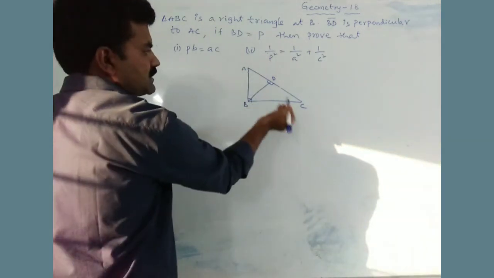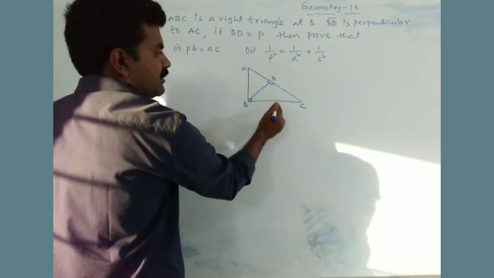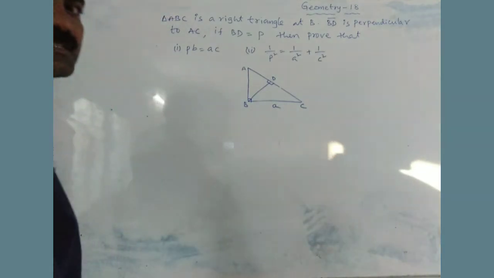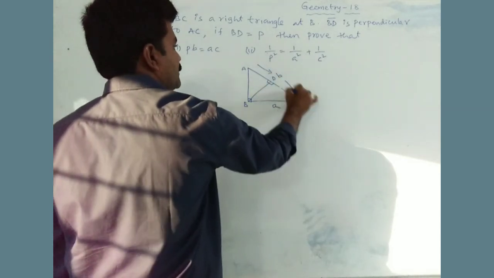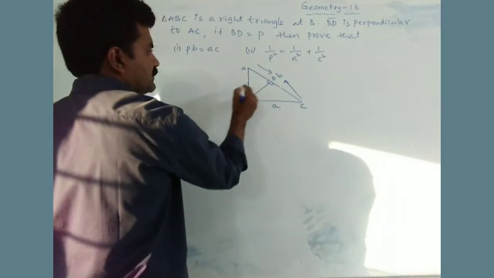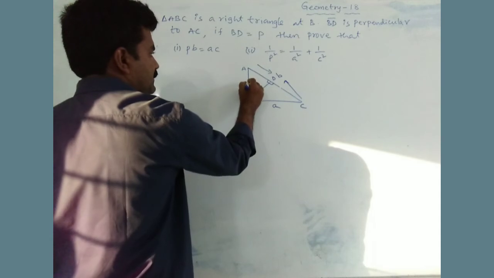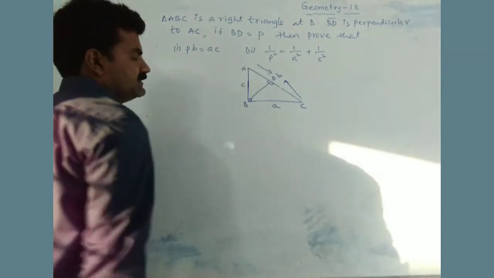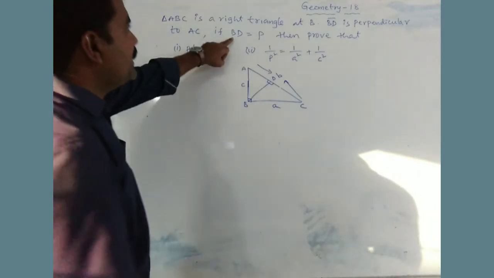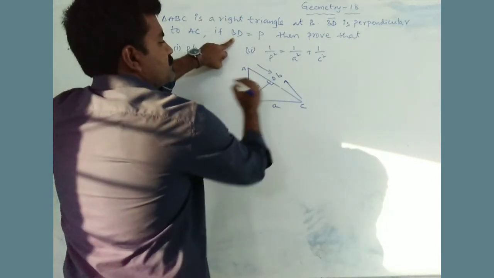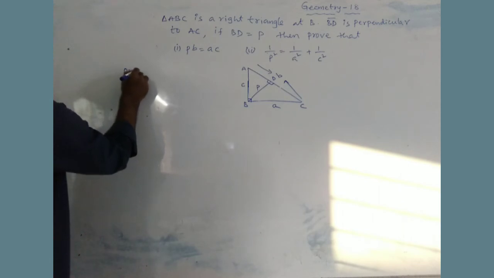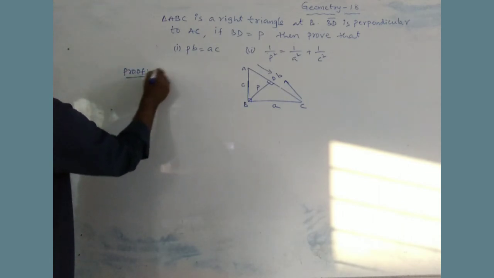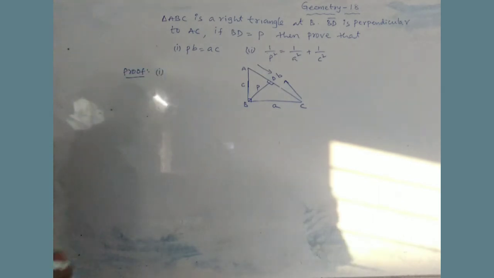So we know, just now we discussed, vertex A opposite side can be denoted with small a, and this entire side with small b, and this side AB is denoted with small c. And provided that BD length is equal to small p.